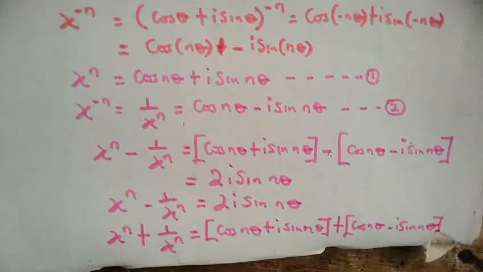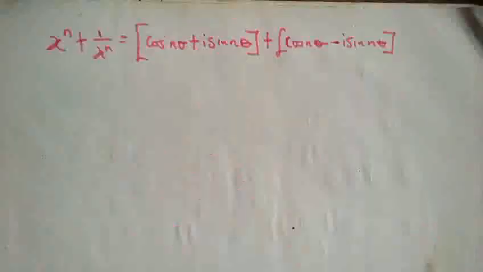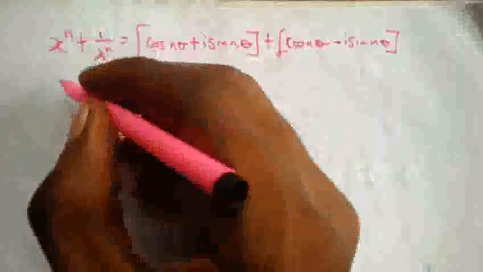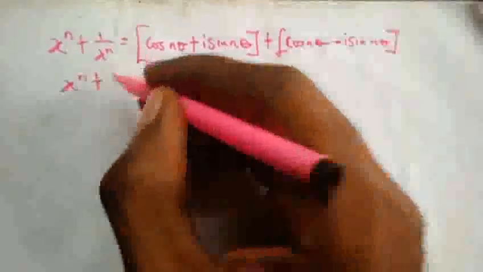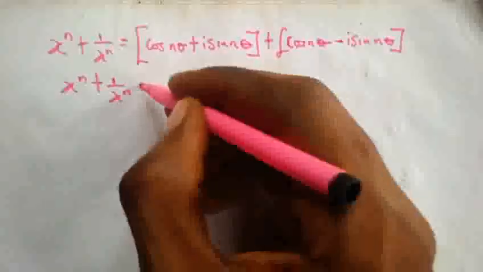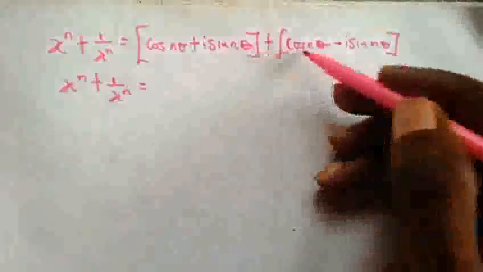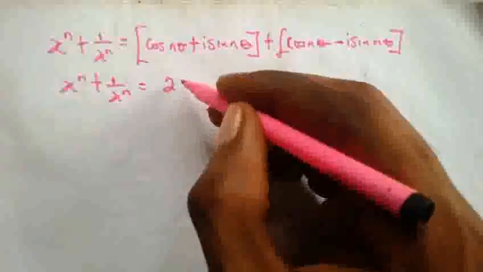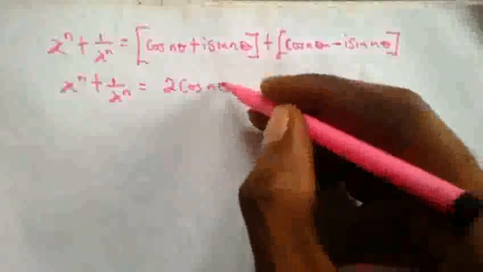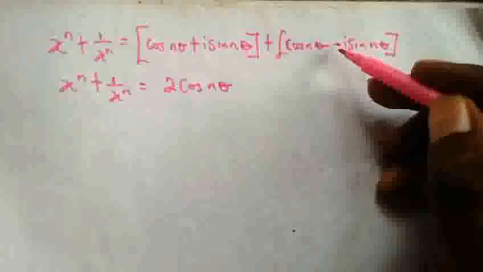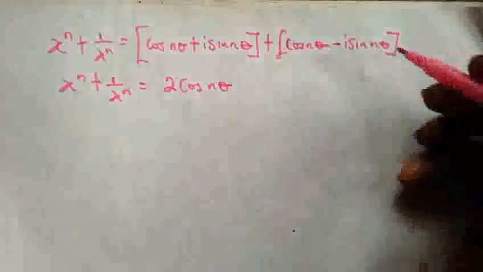Now we continue on the other page. So we have x raised to n plus 1 over x raised to n to be equal to cos n theta plus cos n theta, so we have 2 cos n theta, and here we have i sine n theta minus i sine n theta, and that is equal to 0.